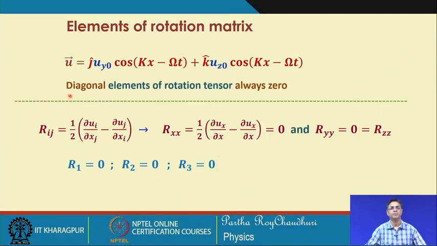Then the diagonal elements of the rotation tensor are always 0. We know that R 1, R 2, R 3 will be 0 in any case, because it is the difference of the same element from the same element.